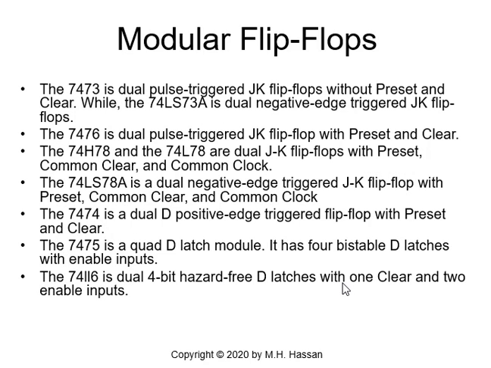The 7473 is a dual pulse-triggered JK flip-flop without a preset, with clear, while the 74LS73A is a dual negative edge-triggered JK flip-flop. The 7476 is a dual pulse-triggered JK flip-flop with preset and clear, and the 74H78 and the 74L78 are dual JK flip-flops with preset, common clear and common clock.